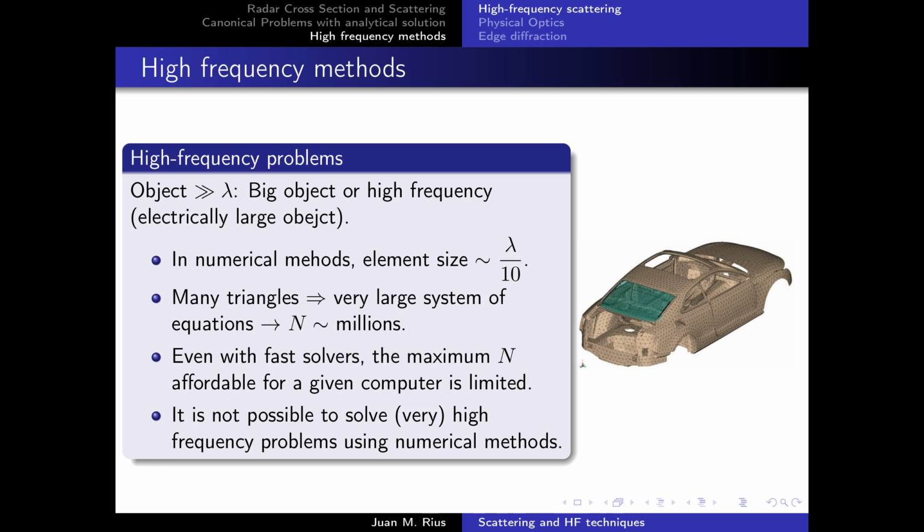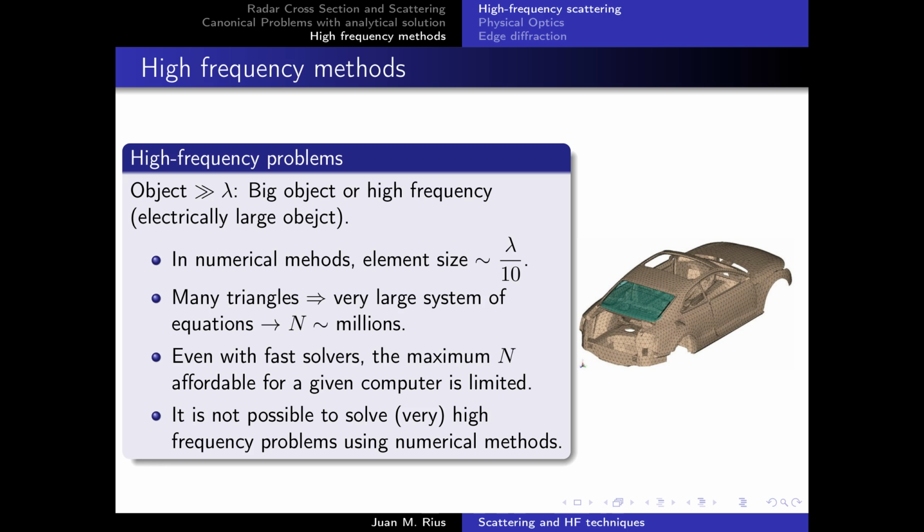But when I did my PhD, I worked on high-frequency methods for a very simple reason. At that time, the amount of memory in computers was very small. It was about a few megabytes of memory. Also, numerical methods were at their beginning.